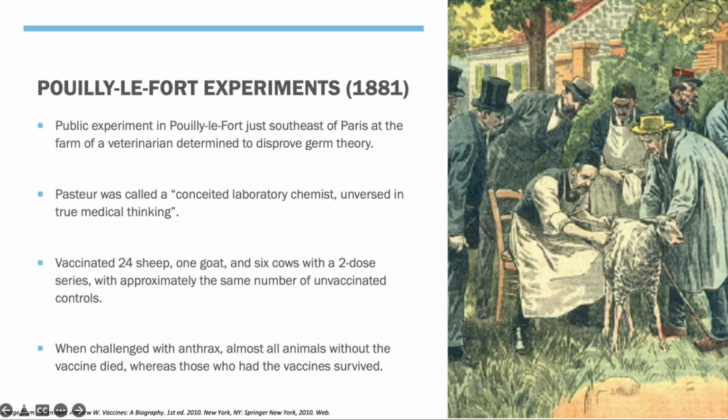And then he also used a similar number of controls. He found that when challenged with anthrax, almost all the animals without the vaccine died, whereas those who had the vaccine survived. And this actually created a huge amount of media, press, and attention at the time, and really publicized a lot of his observations and his work.